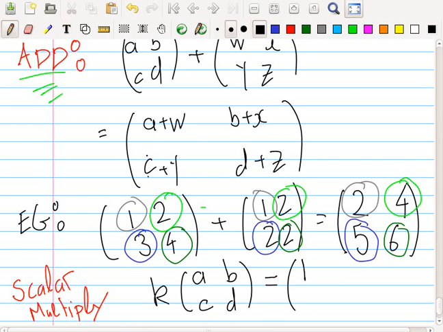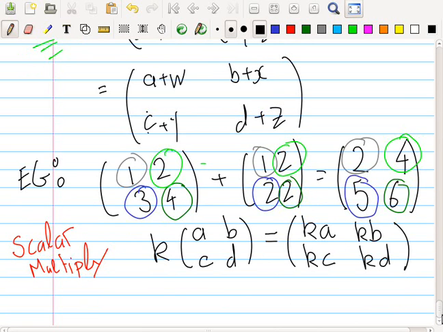K A, K B, K C, K D. Okay? So we'll do an example, e.g. 2 multiplied by 1, 2, 3, 4.